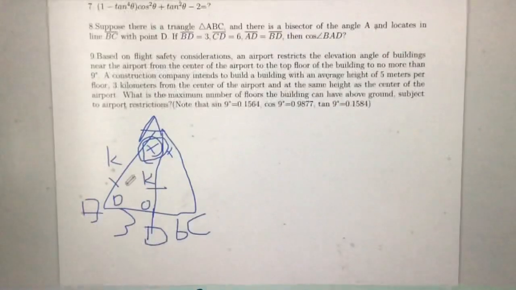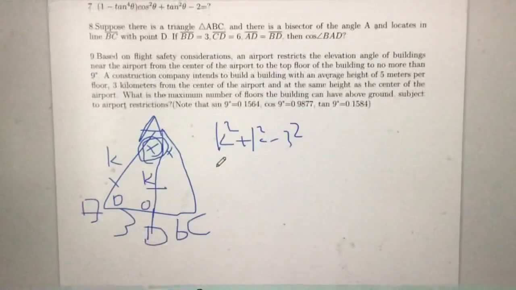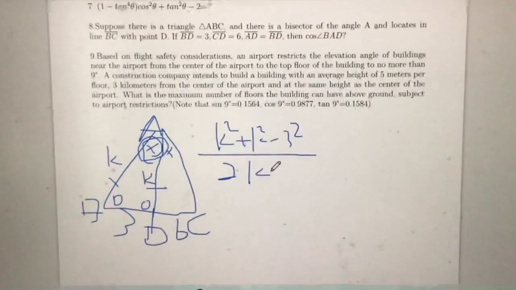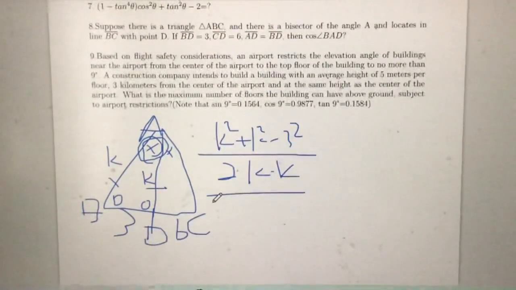So we follow the law of cosine, and we can get k squared plus k squared, and we minus 3 squared. This is the numerator. The denominator will be 2 times k times k, like this. So the cosine value of this one will be like this. And how to solve it?